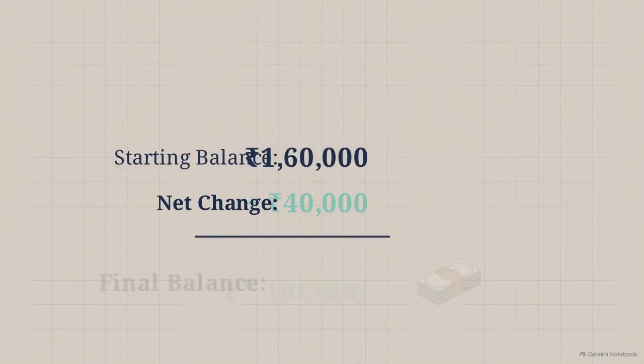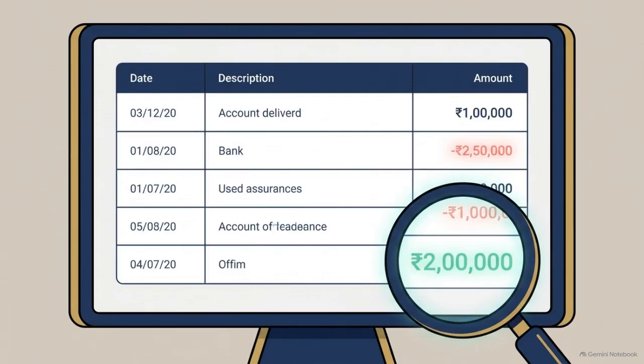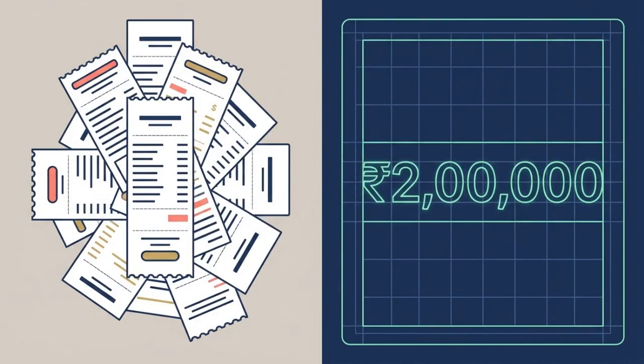We add that positive net change to the 160,000 rupees the bakery started the year with. This results in a physical bank balance of 200,000 rupees. We have successfully tracked exactly where the missing profit went. Finding exactly 200,000 rupees validates the integrity of our trace and replaces accounting assumptions with mathematical reality.